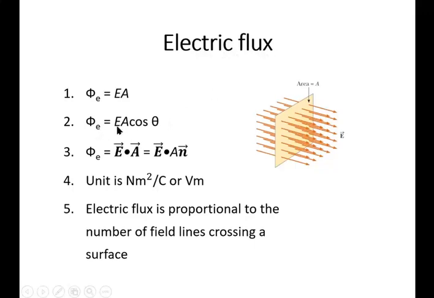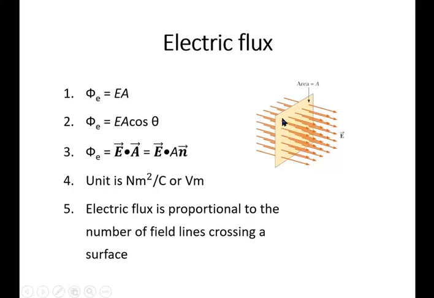It will be the electric field multiplied by the total area, multiplied by the cos of an angle the area makes with the direction of the field. So in this case, it is 90 degrees. The plane is making an angle of 90 degrees with the electric field. But 90 degrees is not what we are using.